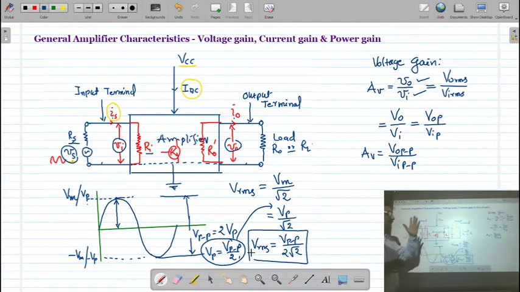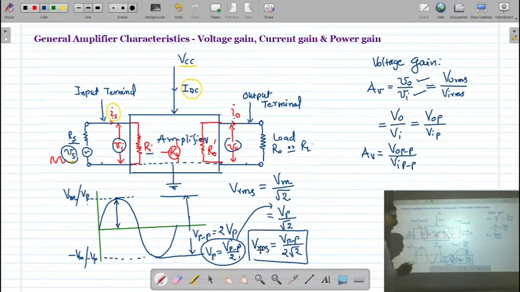That means the ratio must be of either RMS, or peak, or peak to peak values. So if the peak to peak value is given to you, then you divide by 2 root 2, and you will get the RMS value.